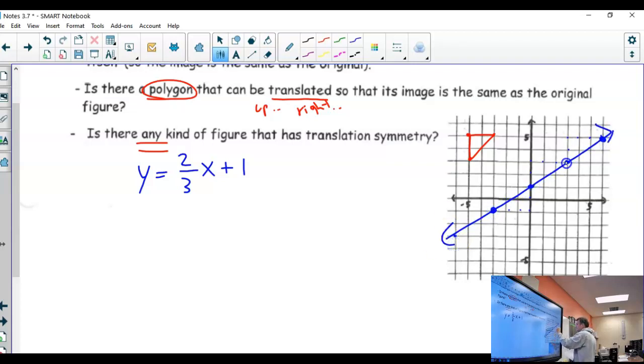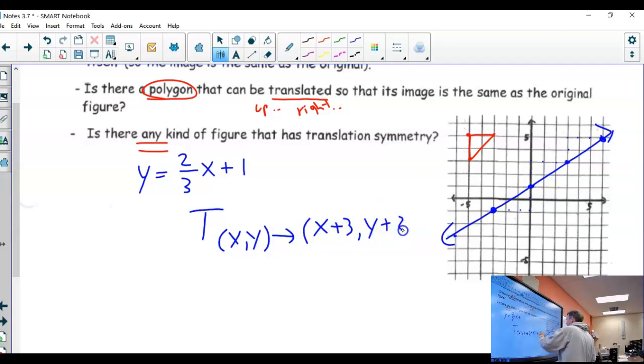Now we're going to translate that line. We are going to translate that line by x plus 3, y plus 2. Why don't I do this one in orange? I'm going to start with this point, and I'm going to move it x plus 3, that means right 3.